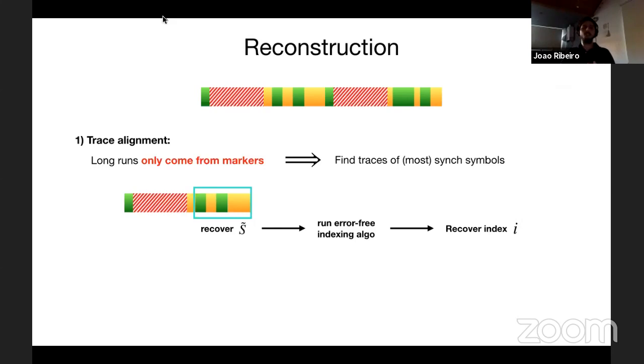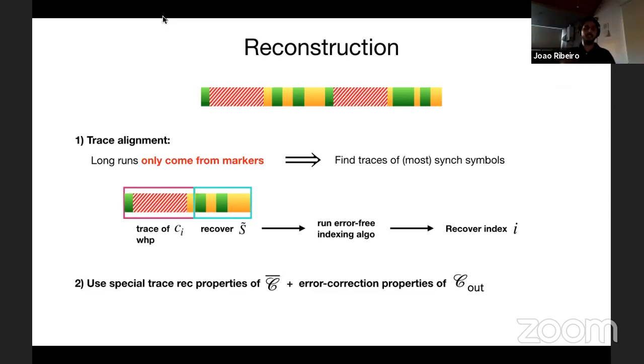This is useful because, with high probability, whatever comes before the synchronization symbol corresponds to a trace of the code word symbol. So in essence, these synchronization symbols give us a way of clustering our traces according to the code word symbol, and then you could hope to run a trace reconstruction algorithm for each of the clusters to recover most of the code word symbols and correct the rest with your outer code.